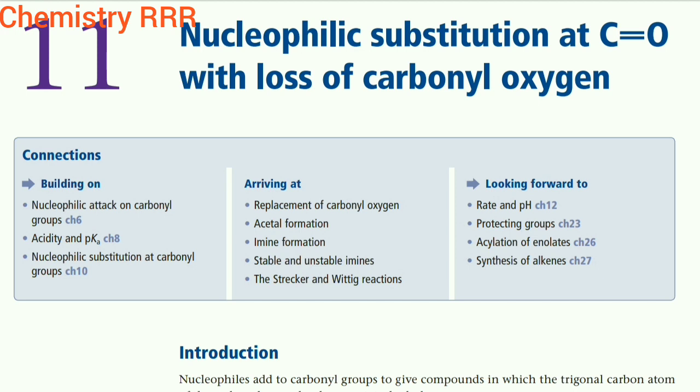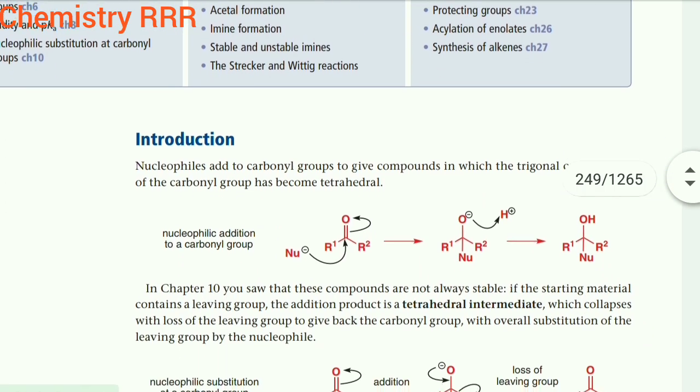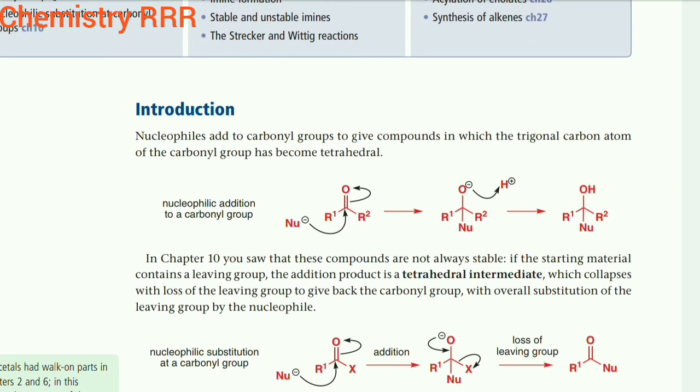Then the second most important point is, while reading any concept in Clayden, first think about the reactant, reaction condition, product, and probable reaction mechanism. After thinking about this, then read the theoretical portion.